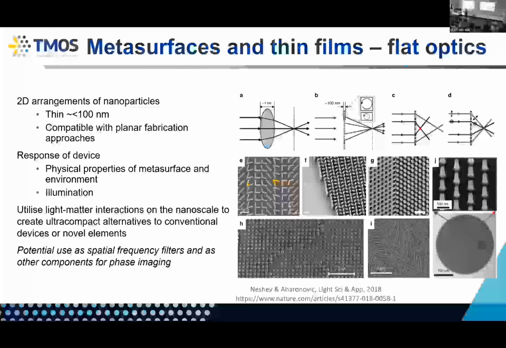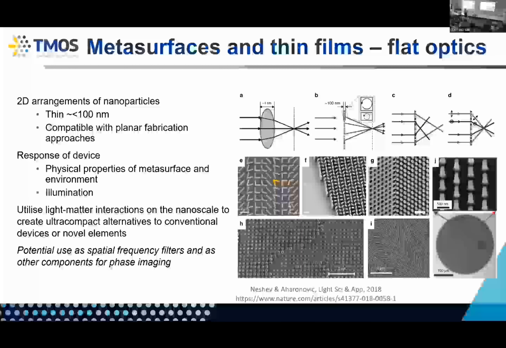So studies in meta-optics are one of the basic overarching themes of the ARC Centre of Excellence for Transformative Meta-Optical Systems, of which I'm part. We're aiming to utilise light-matter interactions on the nanoscale, firstly to create ultra-compact alternatives to conventional optical components, so think of a lens, but secondly, also to come up with devices that do things that you can't do with a conventional single classic optical component.